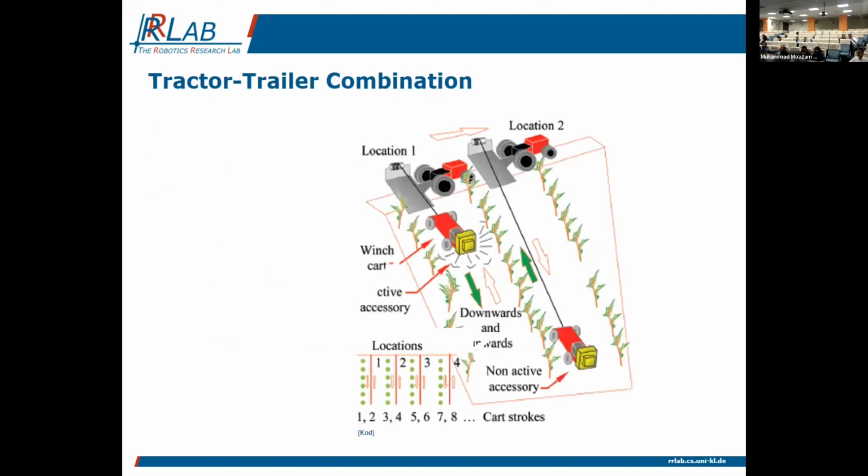And here I have the concept of this truck-trailer combination. Here, this part is the robot. This robot is transported by a trailer, which is rotatable by 90 degrees. Then we can drive downwards and upwards. In each step, downwards as well as upwards, we are able to work, doing applications and different tasks.